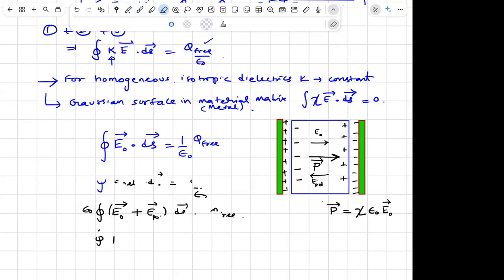Without placing dielectric, that's the situation. After placing dielectric, what is the situation that I need to discuss?